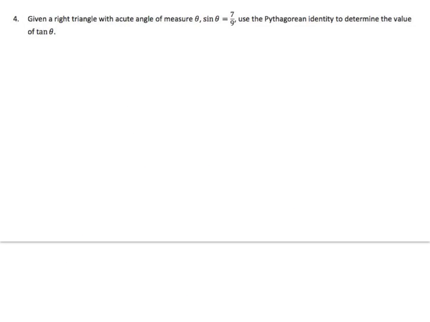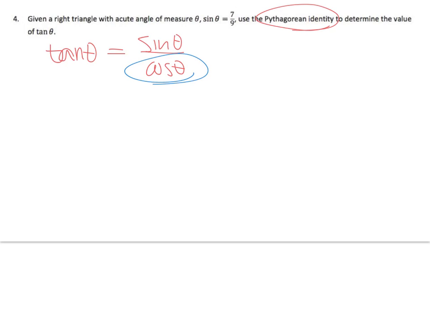Given a right triangle with an acute angle measure of theta, sine theta equals 7/9. Use the Pythagorean identity to determine the value of tan theta. I know that tan theta equals sine theta over cosine theta. So let's just find cosine theta, and then we'll take 7/9 over whatever we find to give us tan theta.